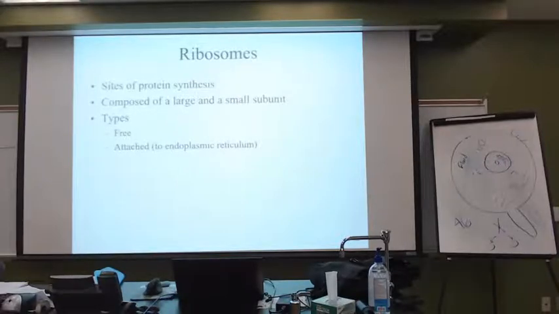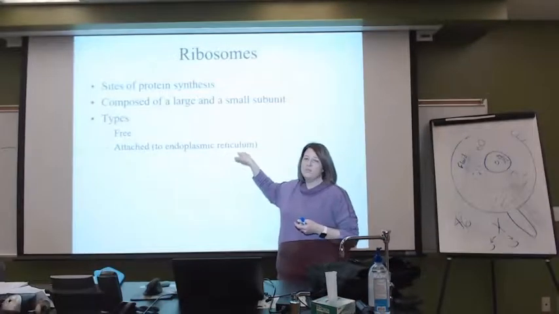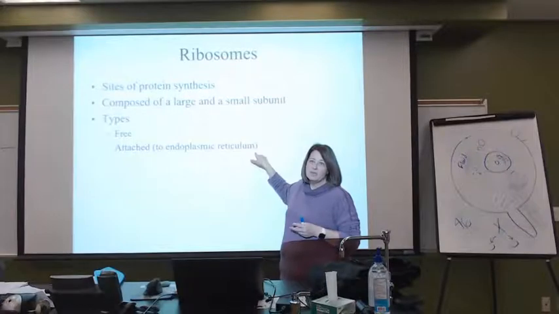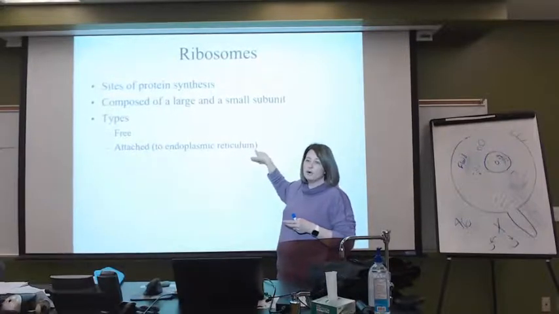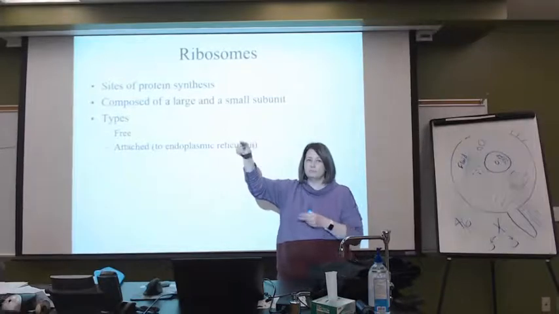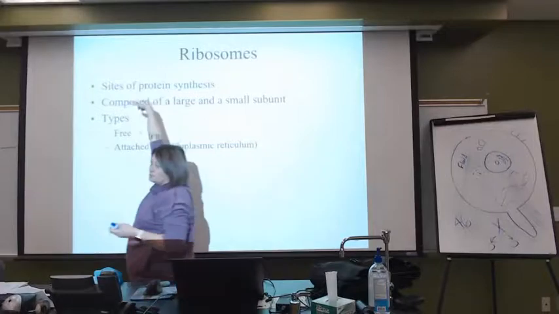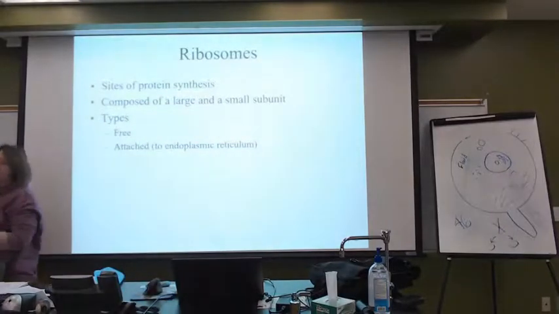If the ribosome moves to the endoplasmic reticulum, this is making a product to go out of the cell. Free ribosomes make a protein that stays in the cell. Attached makes a product that goes out the cell.